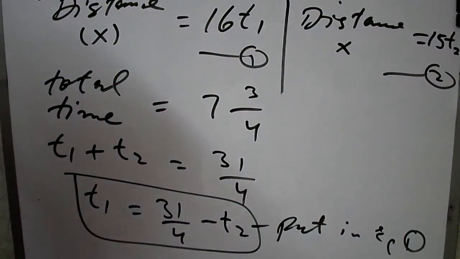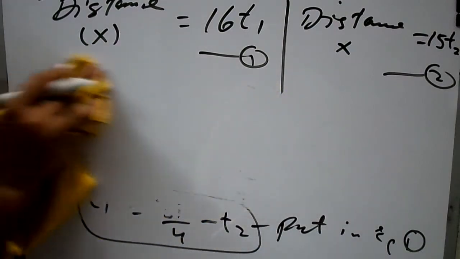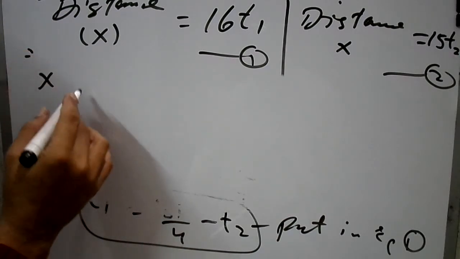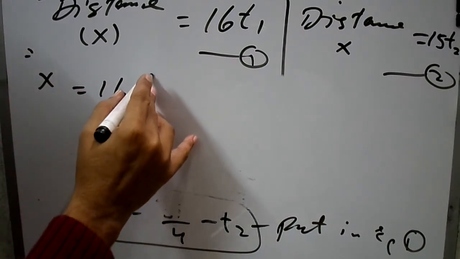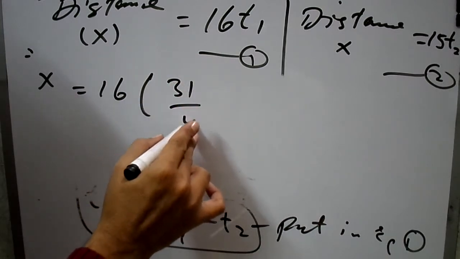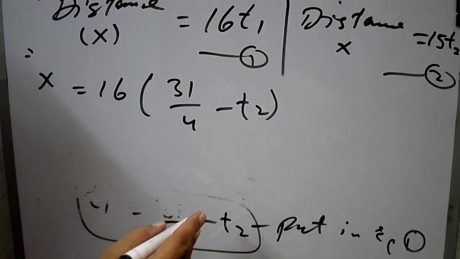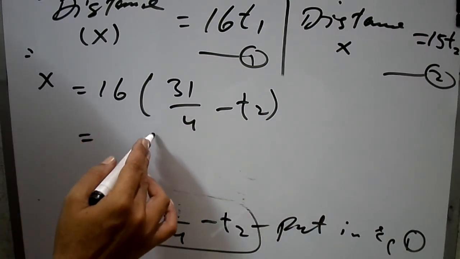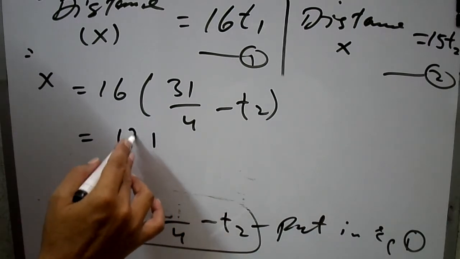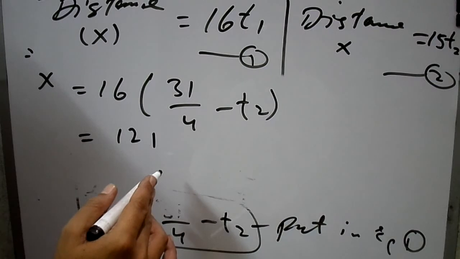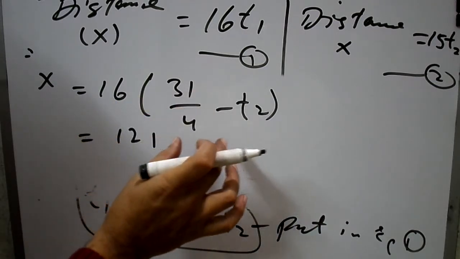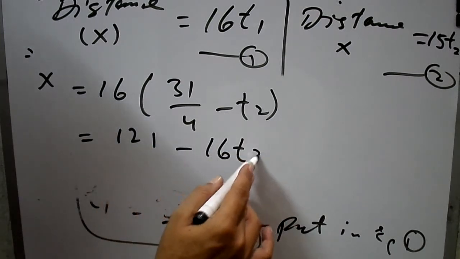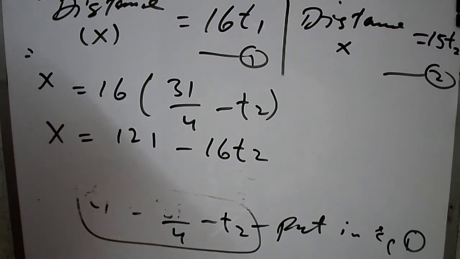So when you put it, you will get x is equal to 16 into t1, that is 31 by 4 minus t2. Simplify after multiplication: 4 1s are 4, 4 3s are 12. When 16 is multiplied with 31, and similarly minus 16 t2, that is your distance x.